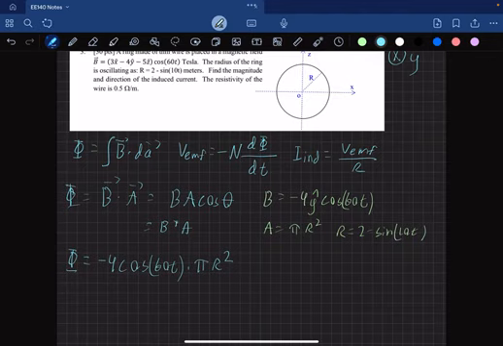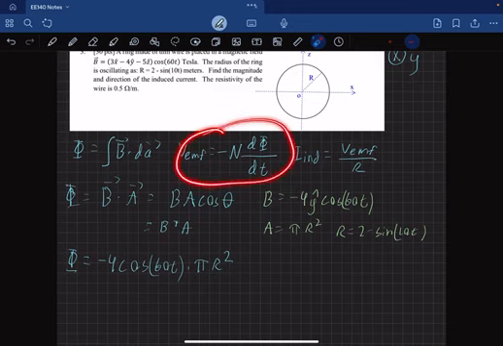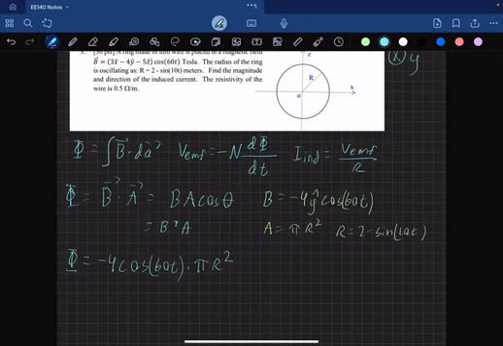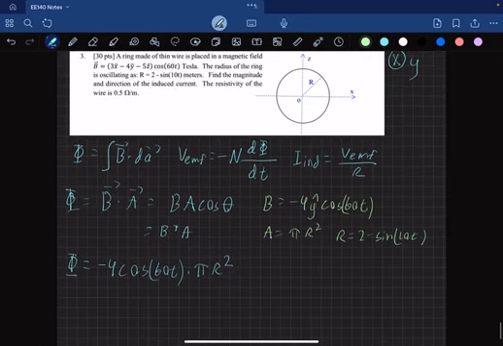And as for our next step, we want to find our V EMF, which we can now do because we figured out our flux. In order to do that, we need to take the derivative of our flux with respect to time. We can see that we'll have to use the product rule in order to do this. As a reminder for the product rule, I'll write it out.